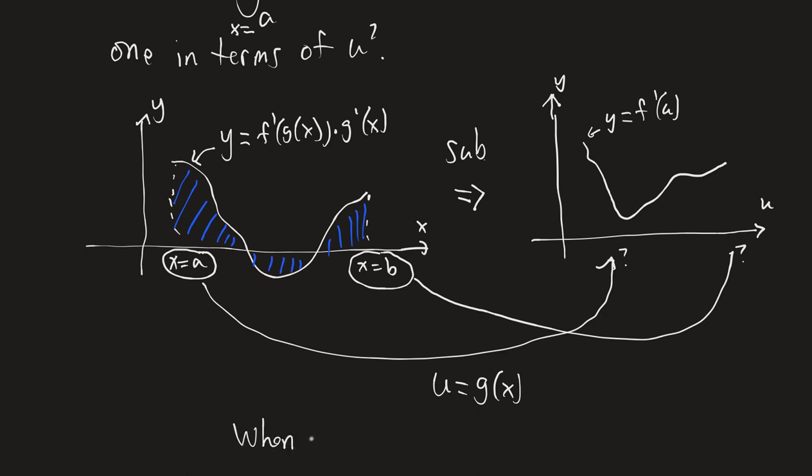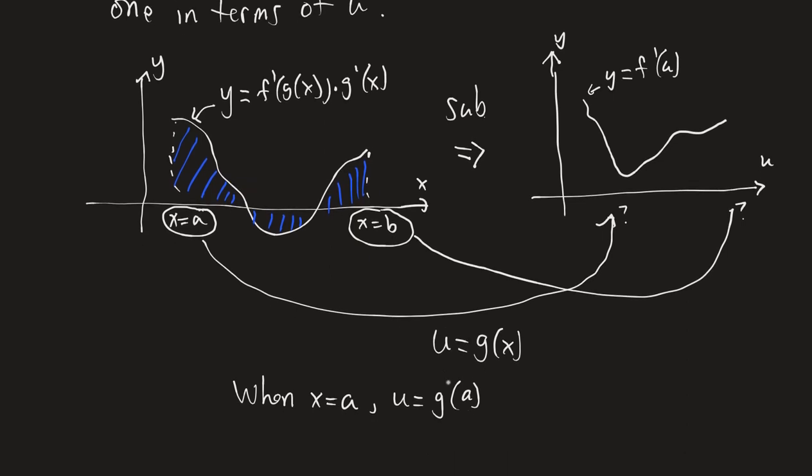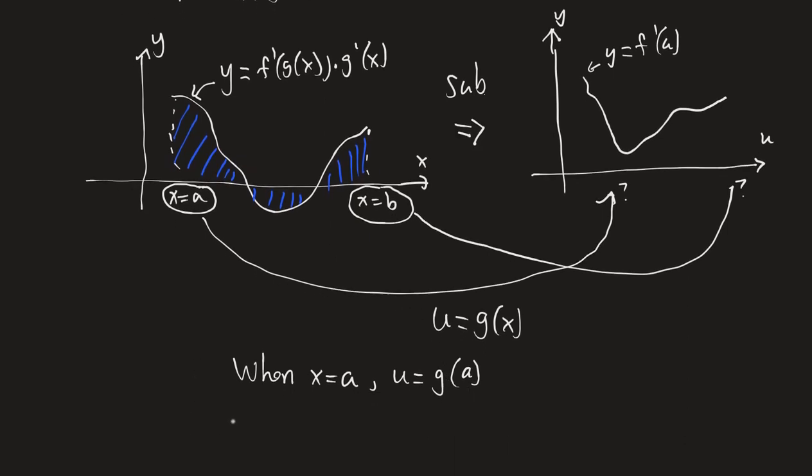I could say, when x is equal to a, u is equal to g of a, right? And then I could do the same thing for x equals b. So I can say that when x is equal to b, u will be equal to g of b.